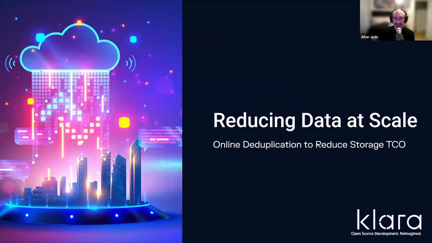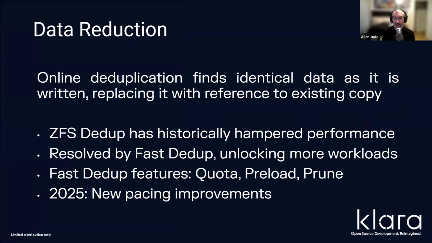Yeah, so moving right into it, I'll talk a bit about what Fast Dedup is and how it works, and how you can use it to reduce your total cost of ownership. So in general, online deduplication, which means doing it as the data is coming in rather than after the fact, is the process of finding identical bits of data, and instead of storing two or multiple different copies of them, when you write the second and third and nth copy, to actually just have a reference to the existing copy of the data.